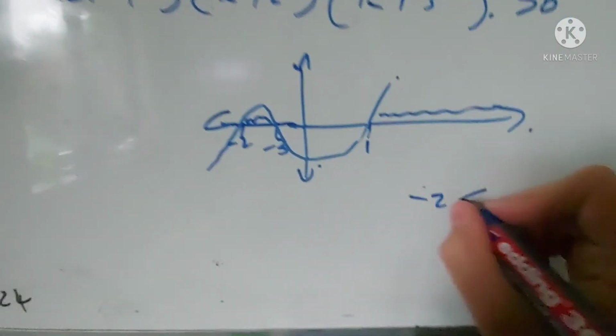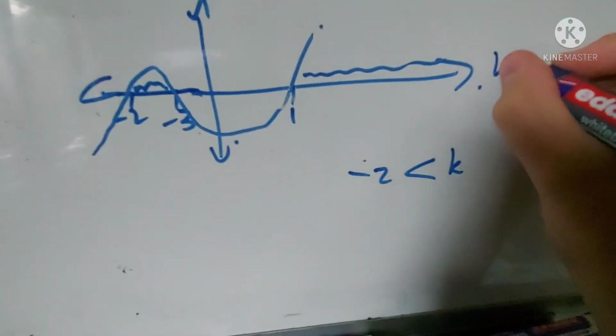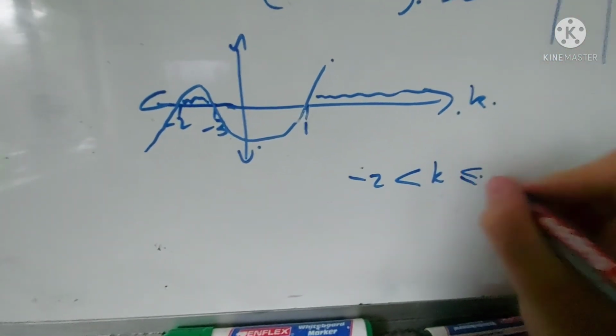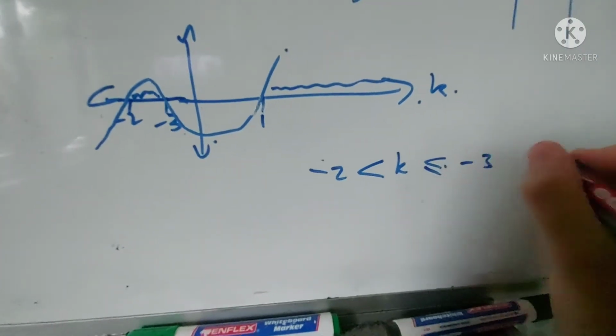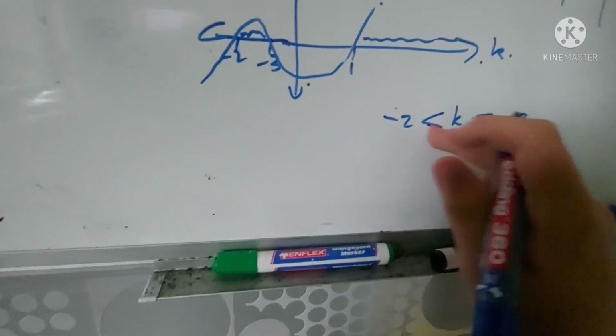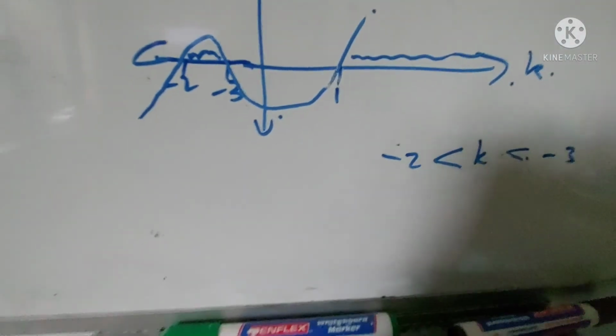So we have two separate inequalities. We need to put the k, because this is the k-axis, and then k is less than or equal to minus 3. Don't forget they can be equal to as well as not. I'll leave them like that just so it satisfies the question.